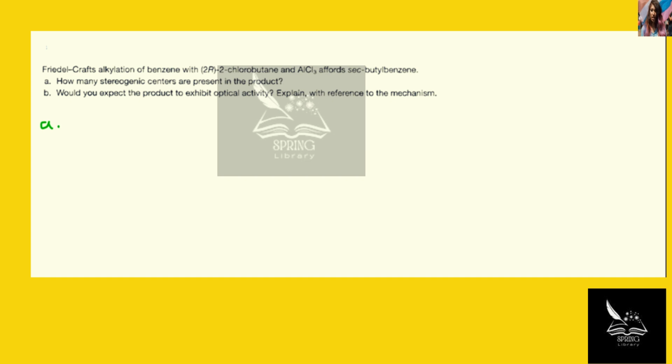Starting with the benzene, and the alkyl halide given is CH3, CH, Cl, CH2, CH3, that is secondary butyl chloride, in presence of anhydrous aluminum chloride.